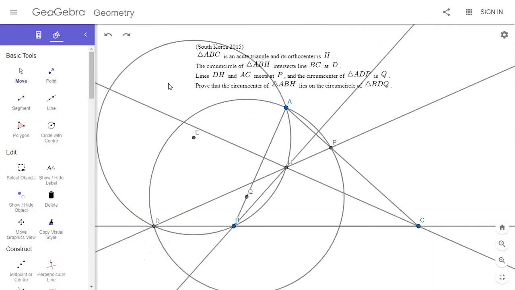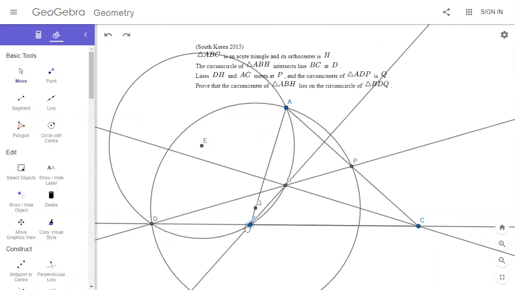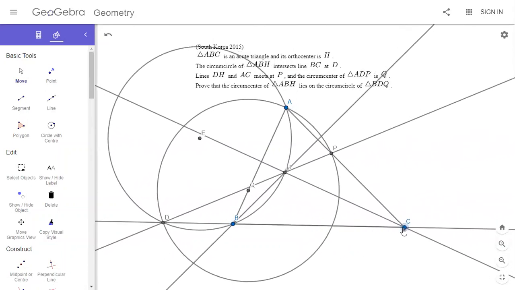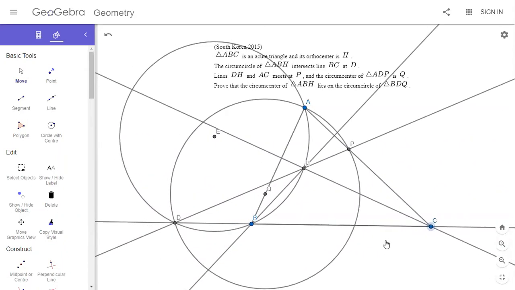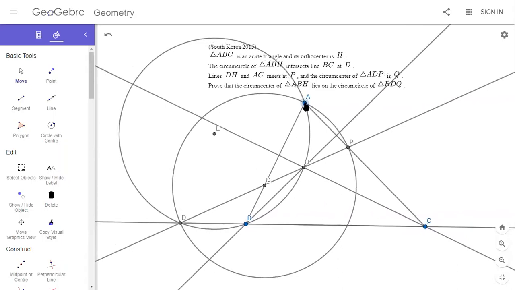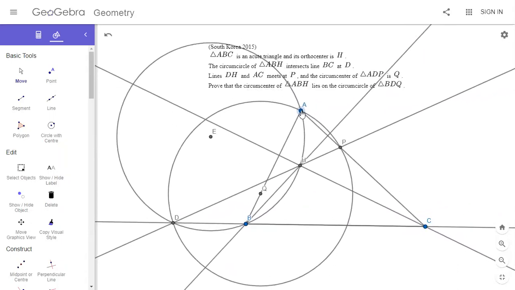Why does Q lie on AB? It's interesting. Why does Q lie on AB?